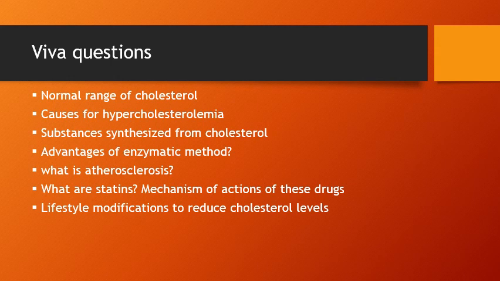Now let's move to the next part, which is certain commonly asked Viva questions which you should study well and prepare. Normal range of cholesterol, causes for hypercholesterolemia, substances or compounds derived from cholesterol, advantages of enzymatic method over chemical method, what is atherosclerosis, what are statins and the mechanism of action of these drugs, and lifestyle modifications to reduce cholesterol levels.